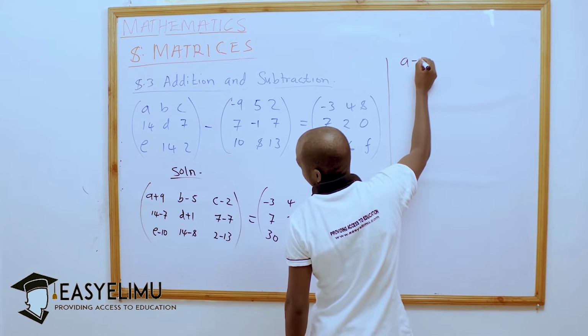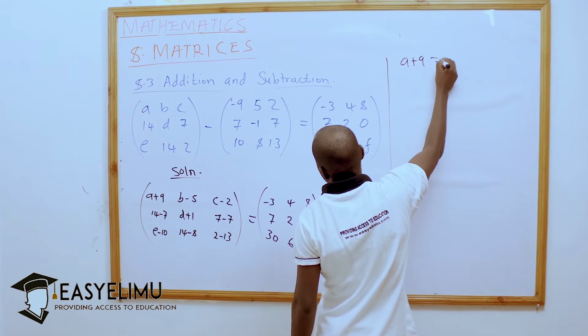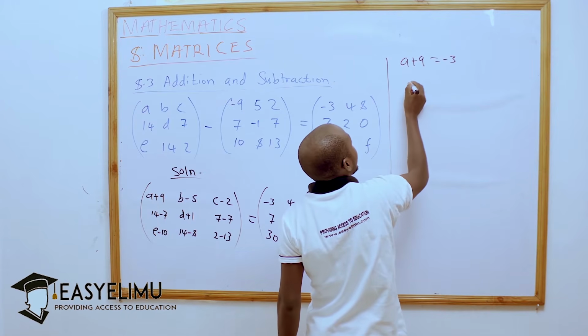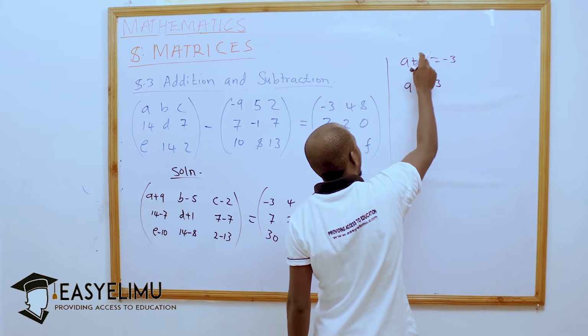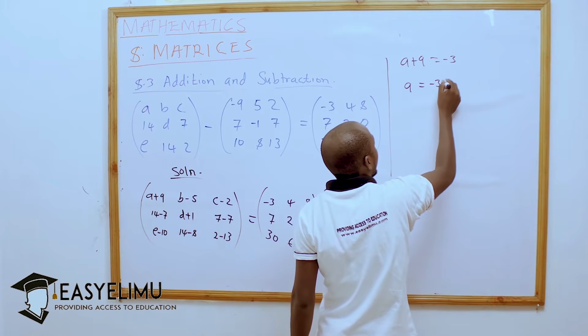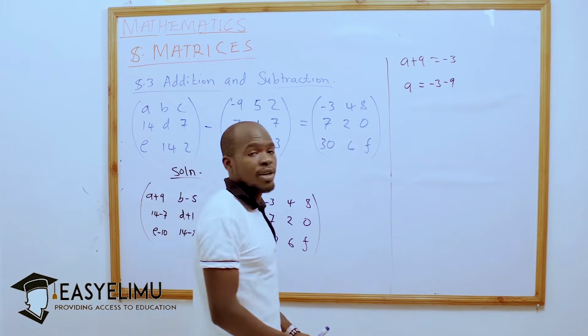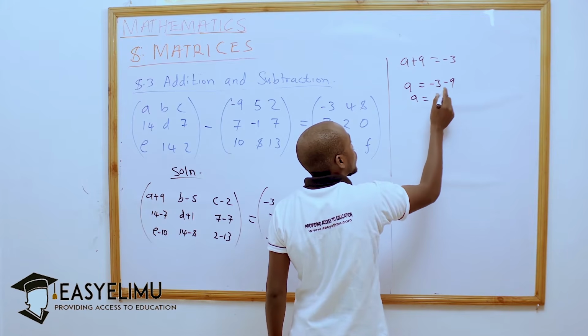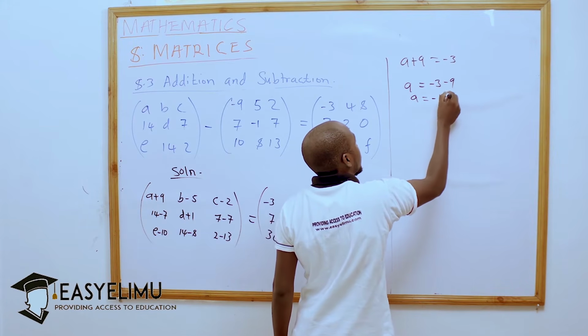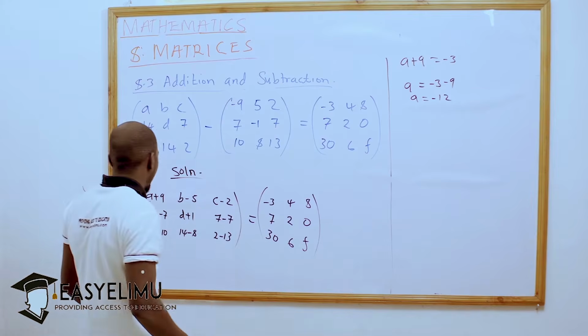If A plus 9 is equal to negative 3, then it means that A is equal to negative 3 minus 9, if you subtract 9 from both sides. So you're going to get your A is equal to negative 12. So that is how we find.